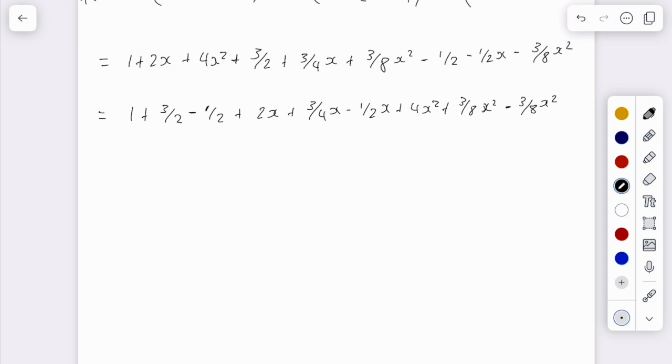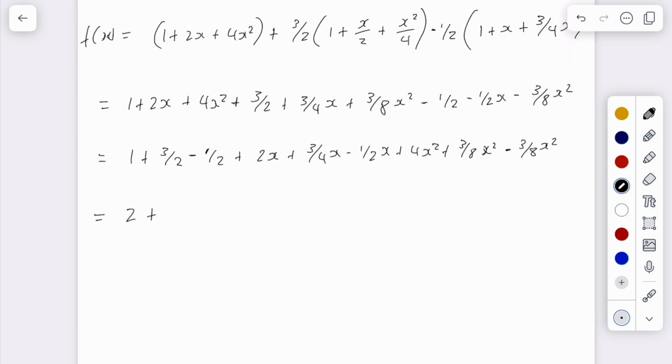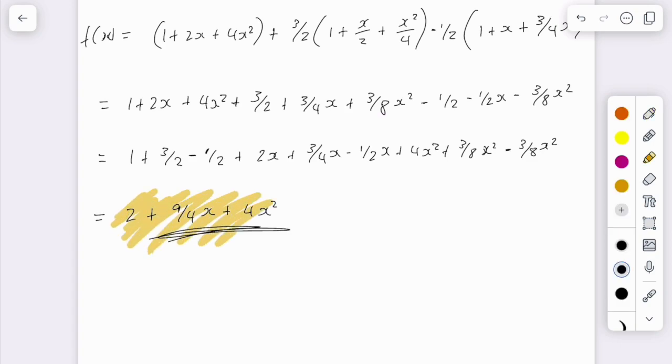And if we put this all together, what we get then is 2 plus 9 over 4 x plus 4x squared. Okay, if we were to add all this up, 2 plus 3 quarters minus a half, it's going to be 9 over 4. And then we add up these terms as well, it's going to give us 4. Okay, so this here, guys, will be our final answer for that question.